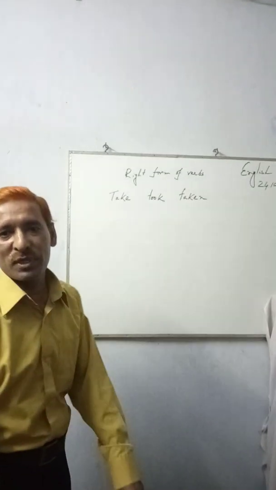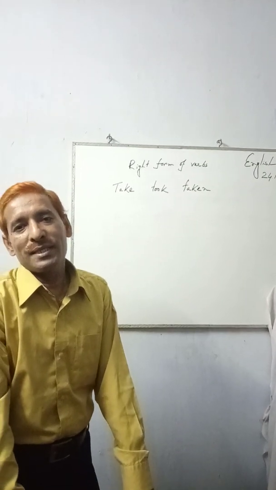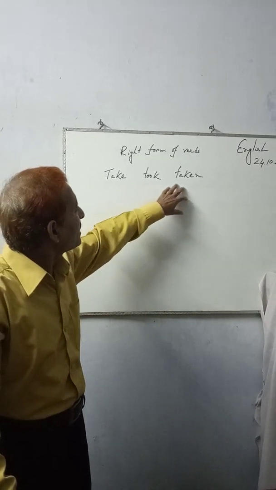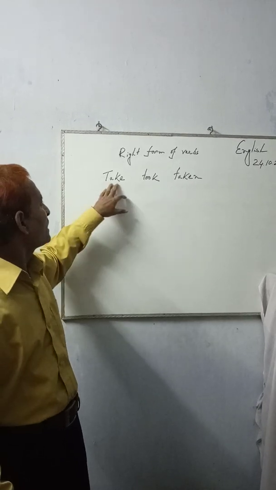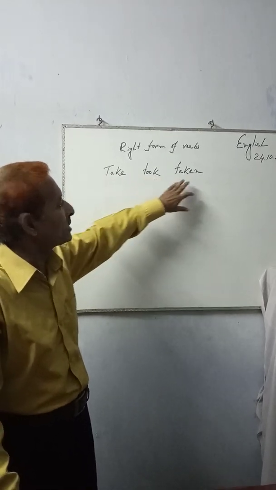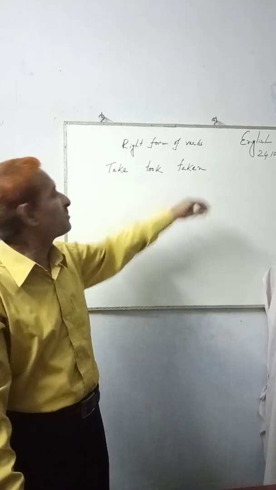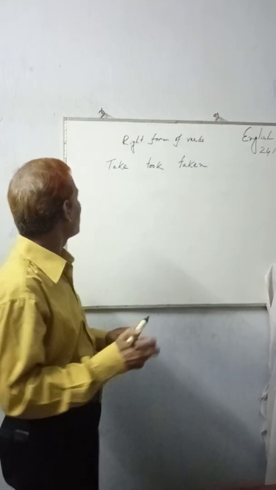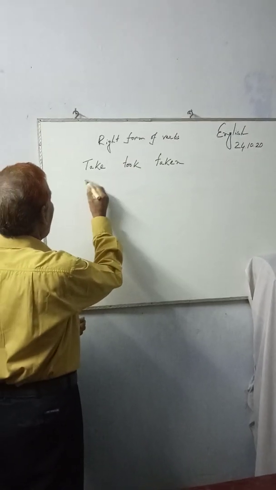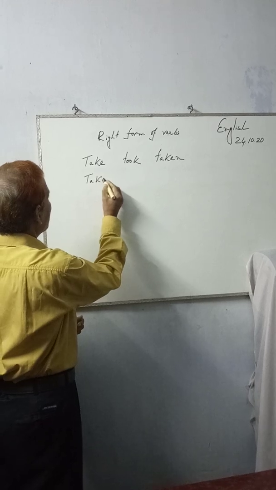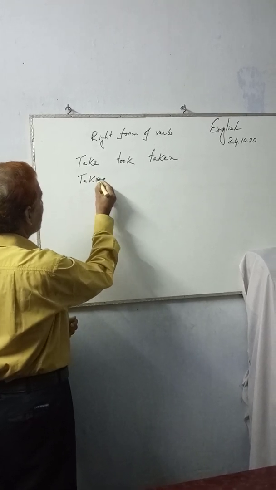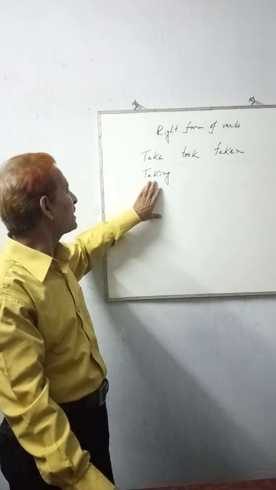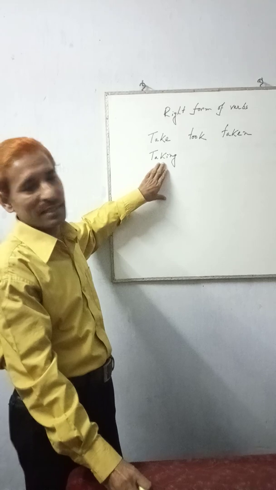In conjugation of verbs, we see these three forms of verbs: present tense, past tense, past participle. Now there are other forms: taking, gerund or participle. Taking, verb plus ing.